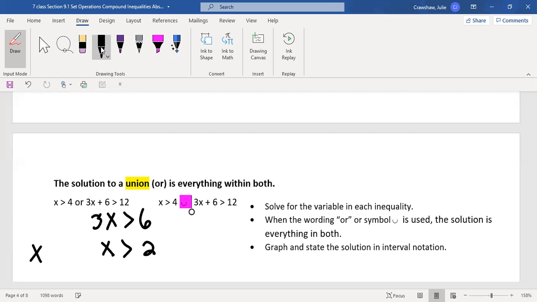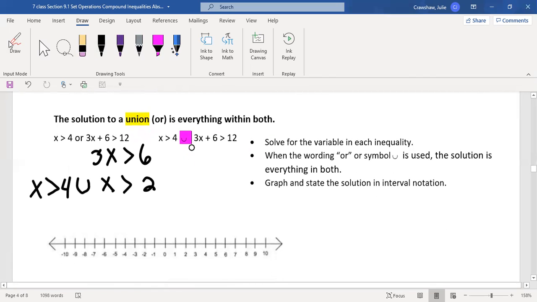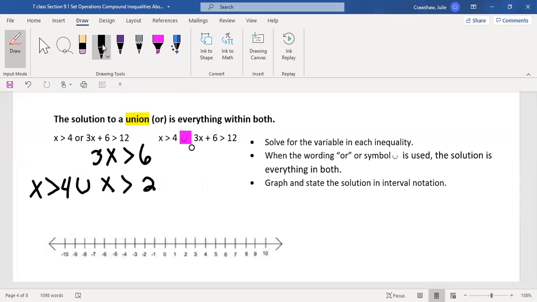So now I have the inequality x is greater than 4, or, either the word or the U, which means union, x is greater than 2. Notice they're both going in the same direction. I'm saying I could pick anything that's bigger than 2, or I could pick anything that's bigger than 4. Everything bigger than 2 would include what's bigger than 4.